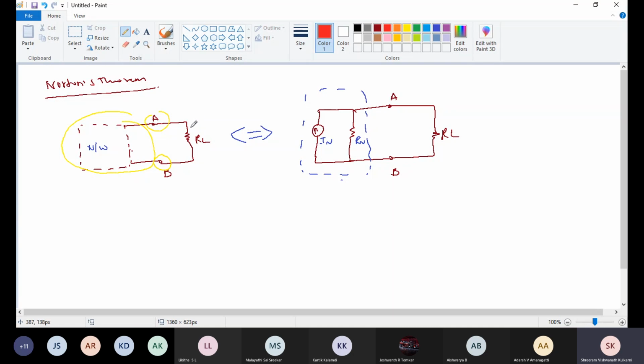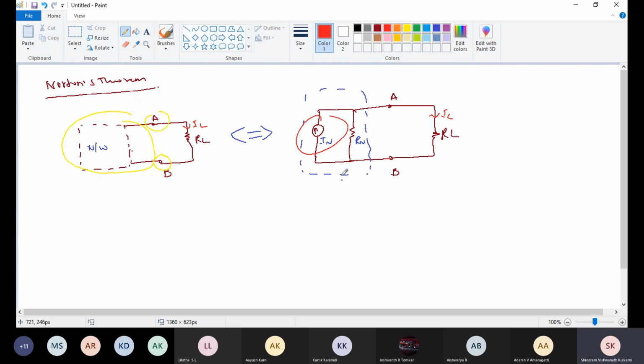Now IL and IL. The constant current is equal to the current which would flow in a short circuit placed across the terminals.